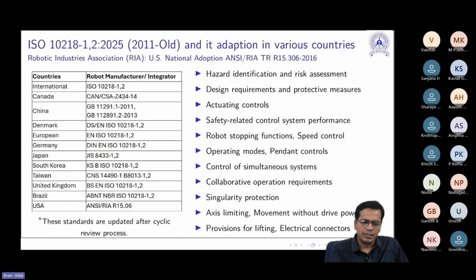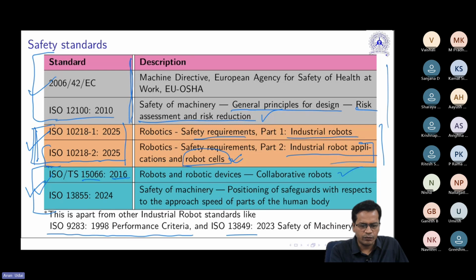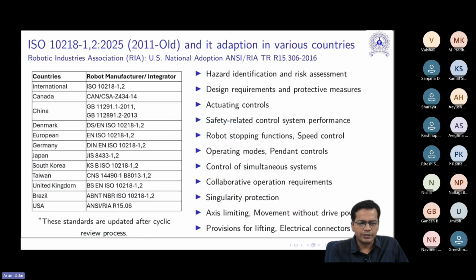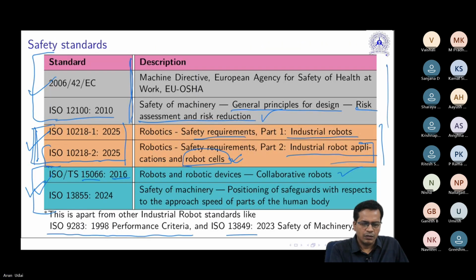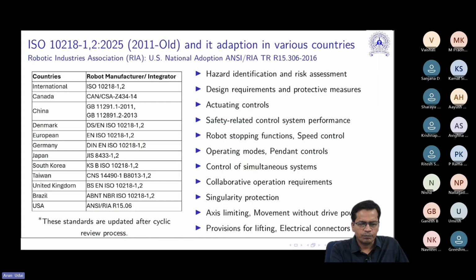So essentially, 15066 and ISO 10218 have got many adaptations later on. In different countries they are put under different names, but they are all the same. They are adaptations of ISO 10218.